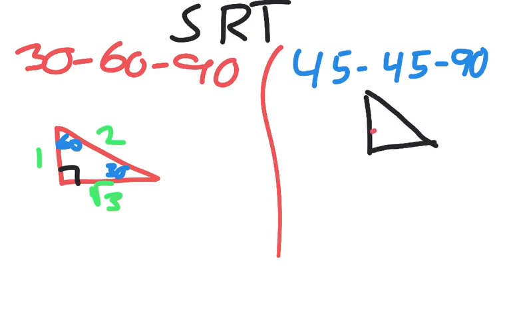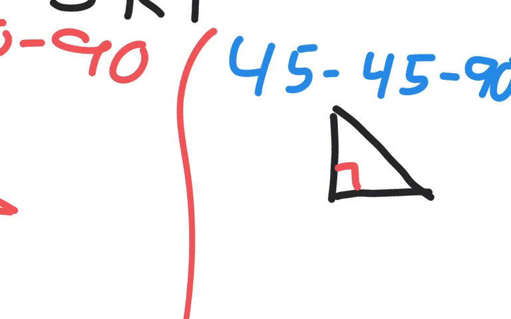But now I've done it so much I know them both. So here I've got a 45, 45, 90 special right triangle. The one that I first memorized, across from the 45s, I have radical 2s. And then across from the 90, I have a value of 2.